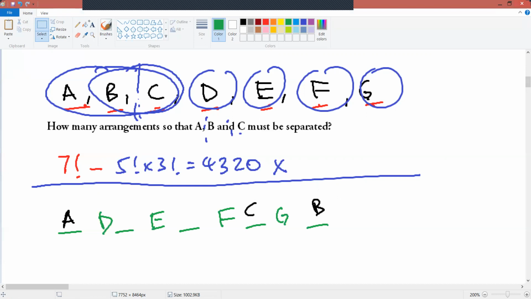So the one that we already fixed as D, E, F, G is actually 4 factorial. And then now we multiply by how many arrangements of the empty spaces. You can easily arrange like that. A, empty space, and then C, and then B. So how to arrange this one?